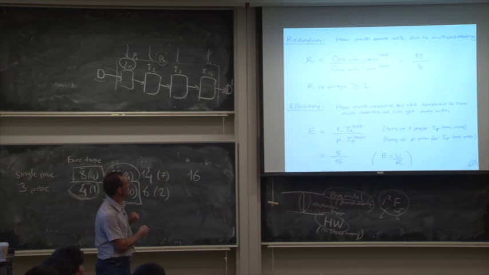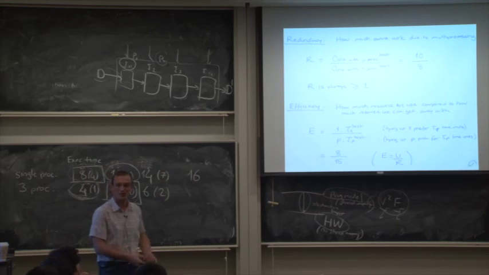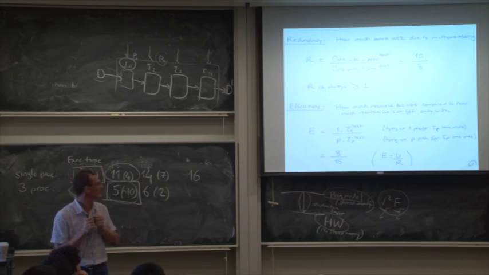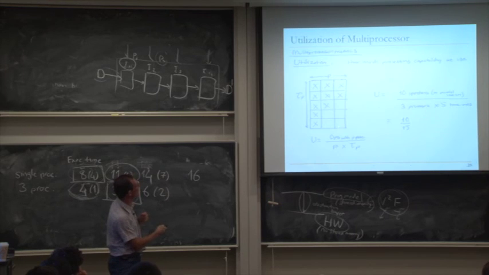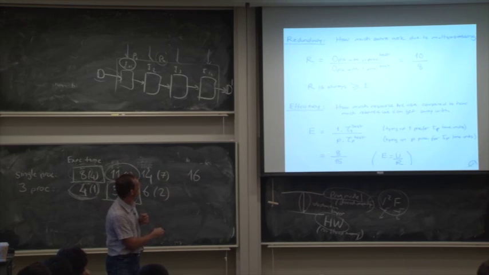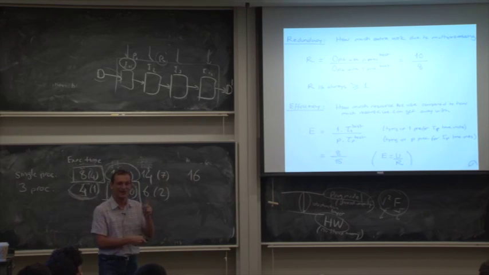And efficiency is essentially utilization divided by redundancy. Basically, how much resource do you use compared to how much resource you can actually get away with? Now, what does that mean? We're tying up 15 operation units, if you will, 15 things that we can use. But we could actually have gotten away with only 8 if we had a single processor.